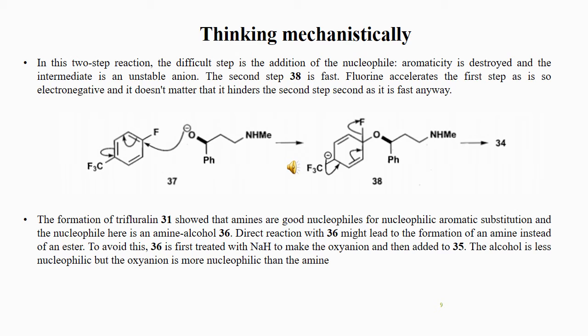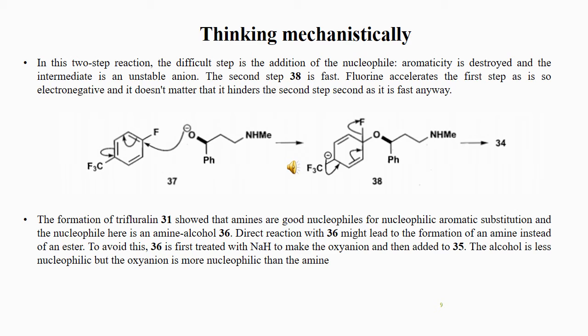But if we just use it like this, there are two ends of the attacking nucleophile. One is the amino group, and the other one is the alcoholic group. So amine is a good nucleophile, so there is a chance that instead of ether formation, the amino group will attack the aromatic ring and substitute the fluorine.